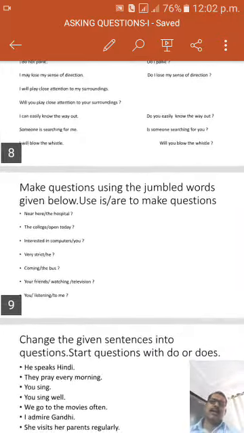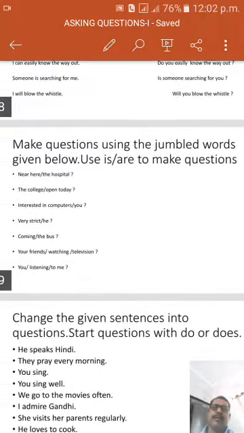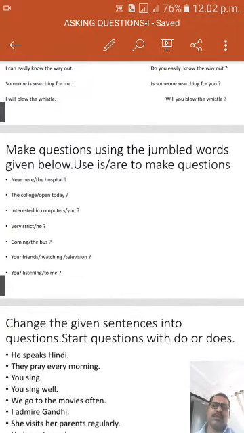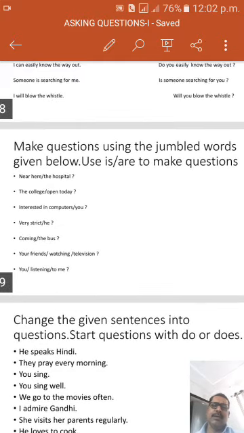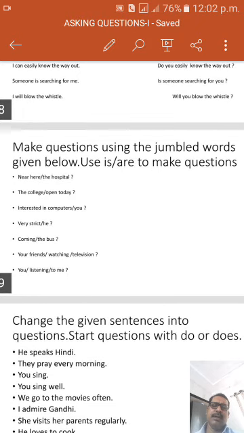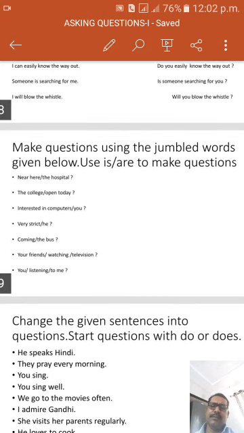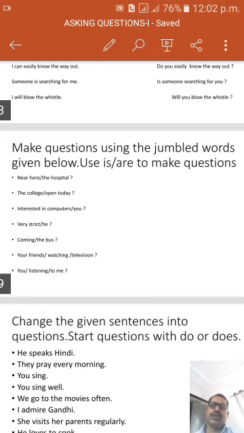In the next slide we made some yes or no type questions with the given jumbled words. In a sentence the words are jumbled and we framed yes or no type questions.